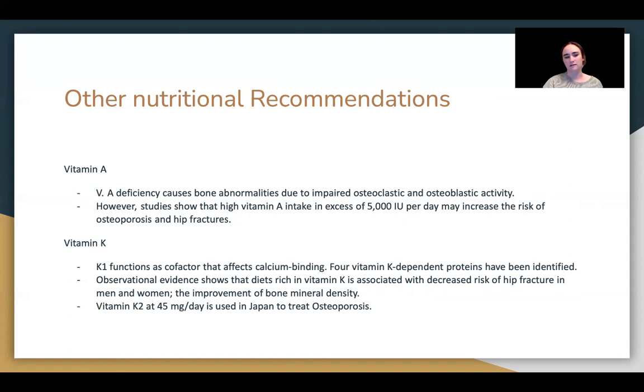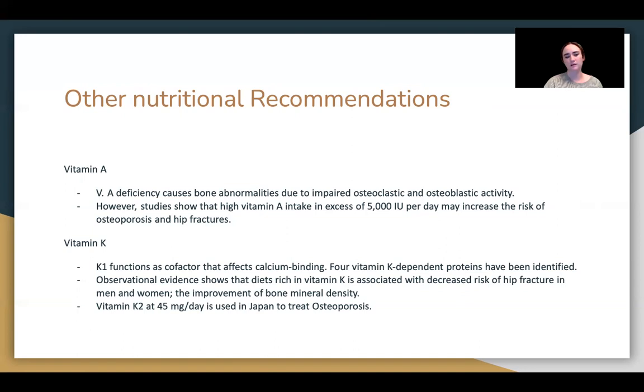Vitamin K is another nutritional recommendation. K1 functions as a cofactor that affects calcium binding. Four vitamin K dependent proteins have been identified, but observational evidence shows that diets rich in vitamin K are associated with decreased risk of hip fractures in men and women, and improvement of bone mineral density.